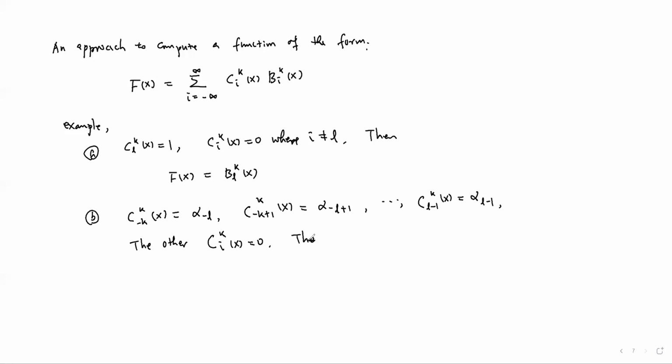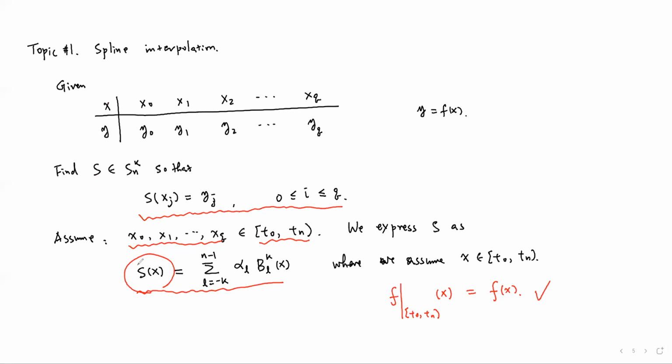Then F is equal to summation I from negative K to n minus 1 of alpha I B I k x. Then this is this function S.